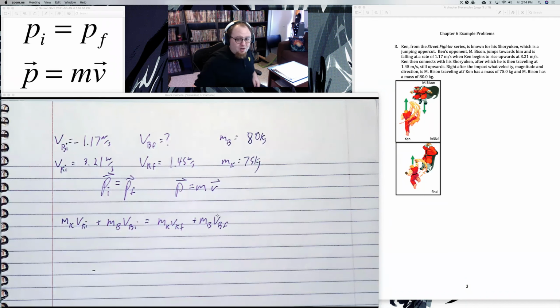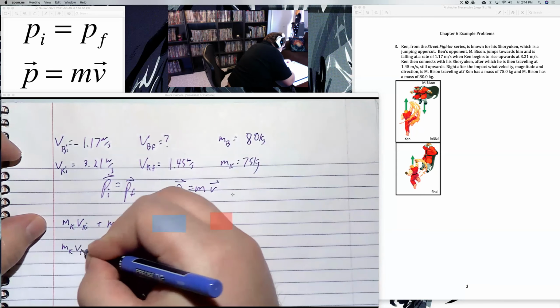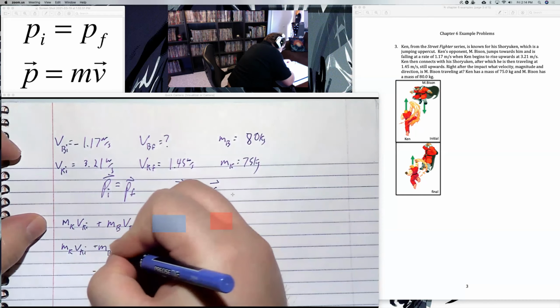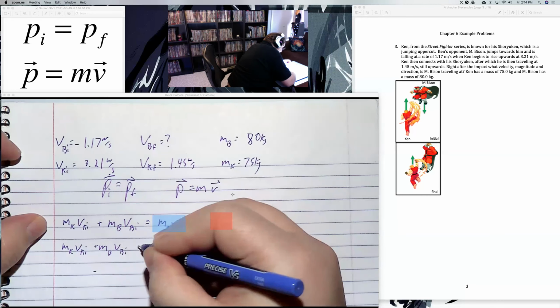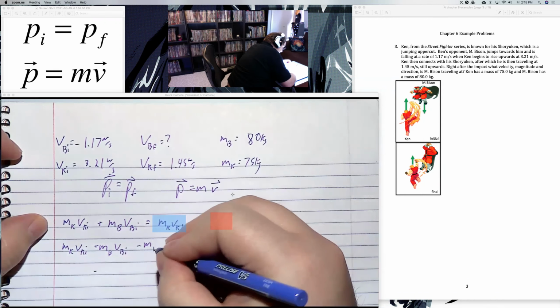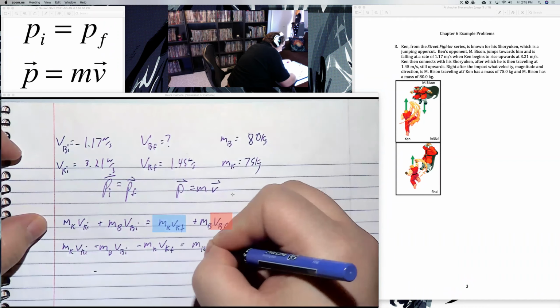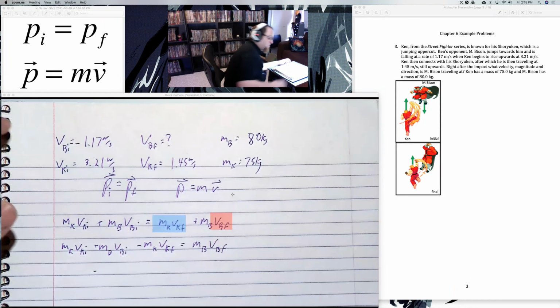Now I want to solve for the velocity of Bison. And so what I'm going to do is subtract this blue term from both sides. And say the mass of Ken, velocity of Ken initial, plus the mass of Bison, velocity of Bison initial, minus the mass of Ken, velocity of Ken final, equals the mass of Bison, velocity of Bison final.